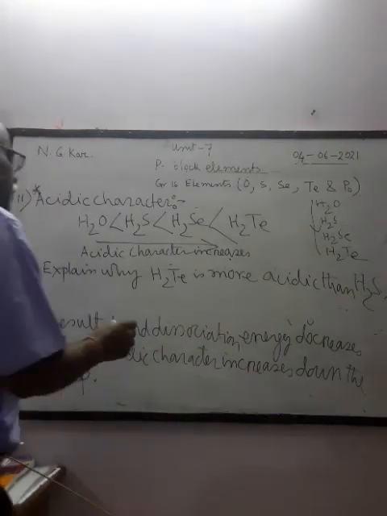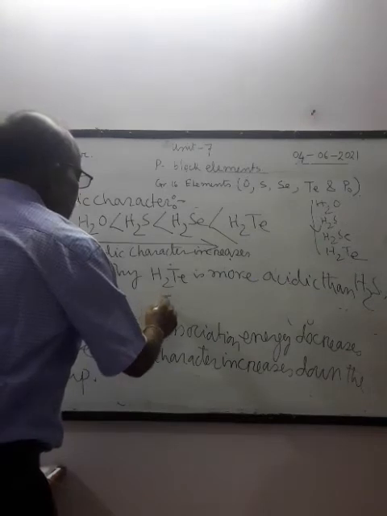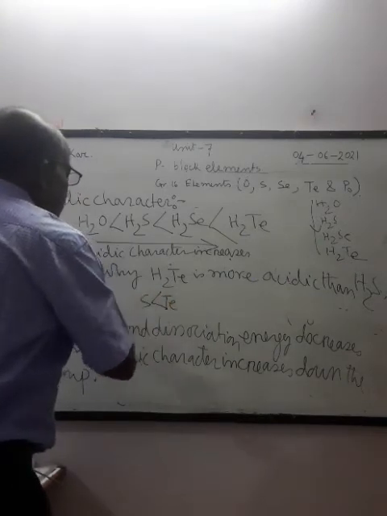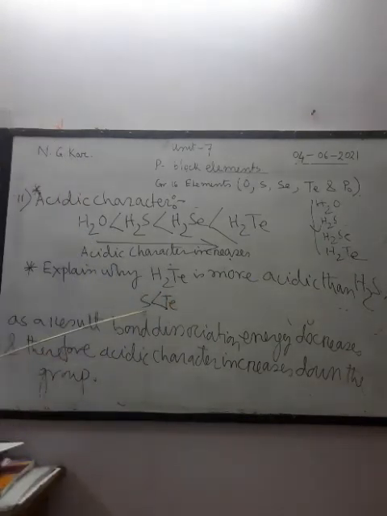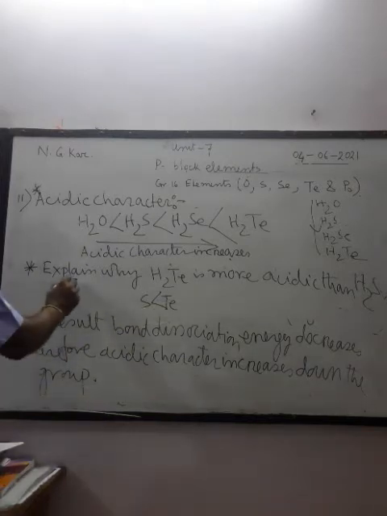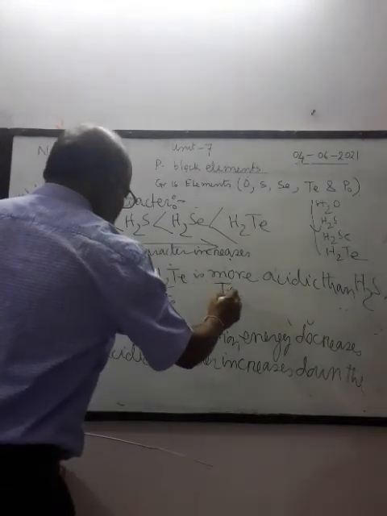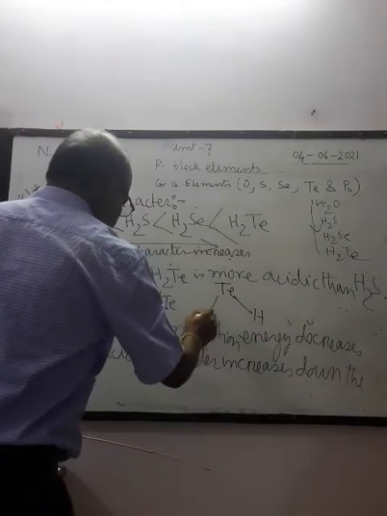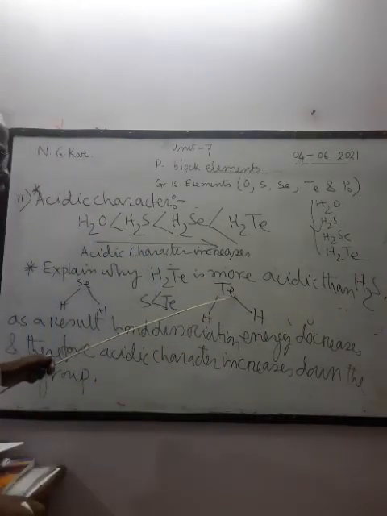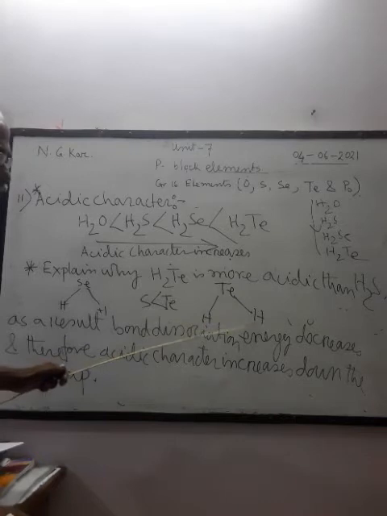And we know that the size of tellurium is more than the size of sulfur. So as size increases, the distance between central atom and hydrogen increases. So the bond becomes weaker. So it is easy to dissociate.